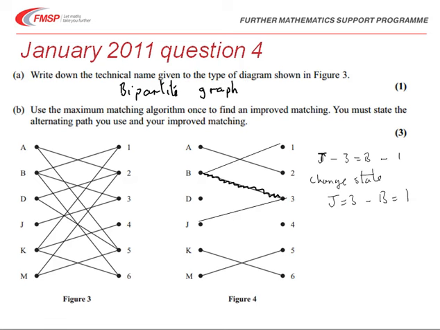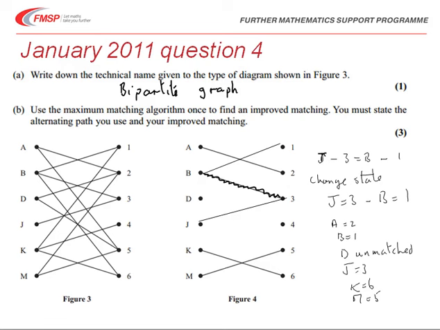So our total matching now is A with 2, B with 1, D is unmatched, J with 3, K with 6 and M with 5. So now there are many different ways that could have been achieved, or at least a matching better than we had initially could be achieved.